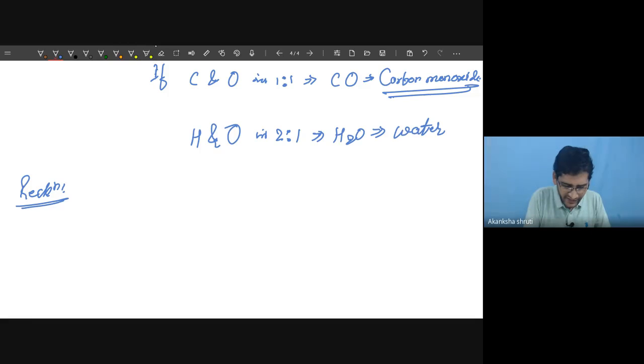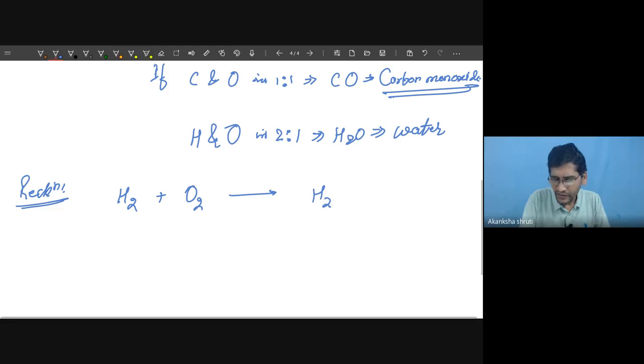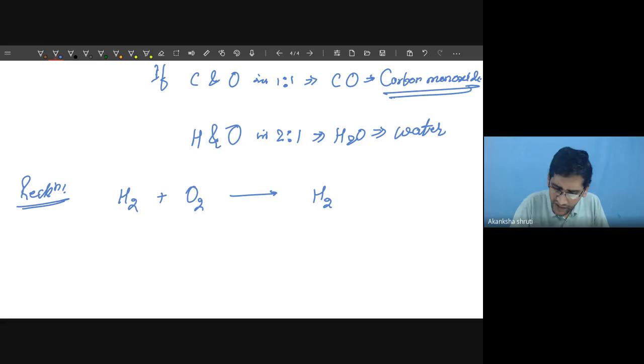Say the reaction is H2 combining with O2 to form H2O. Because we know that irrespective of the amount of hydrogen present in the reactant, the product will always be H2O.